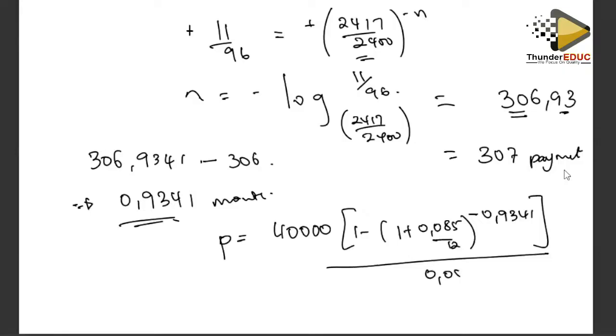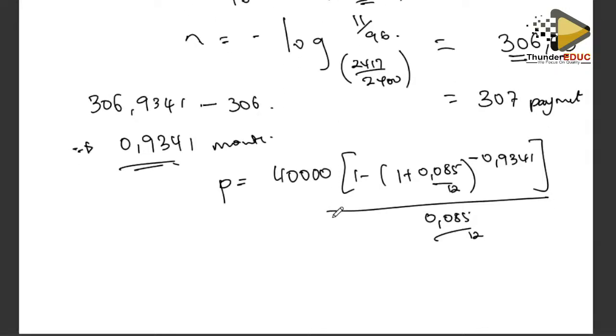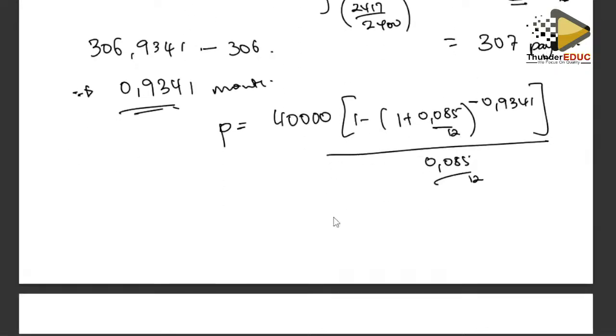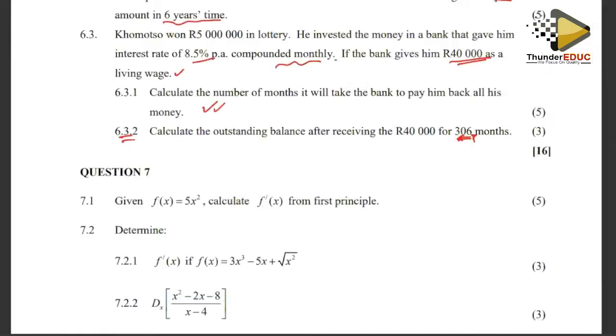Divide this by 0.085 over 12. When you substitute this, we're going to end up with 3,711.96. So we can see that this is the last payment, which is smaller than the 40,000. All right, so that is to do with the finance.